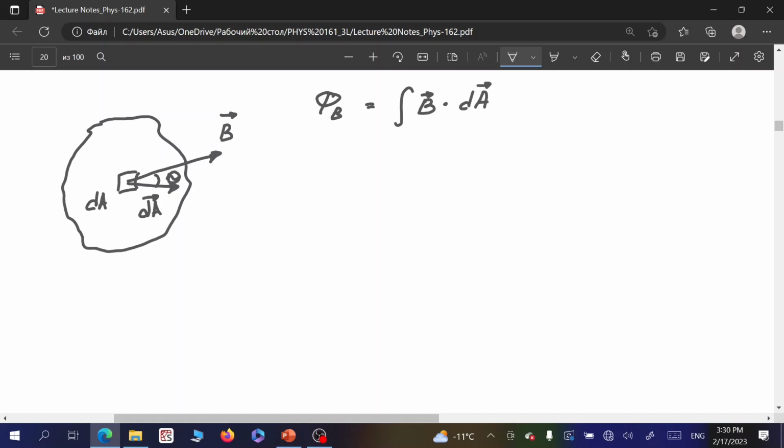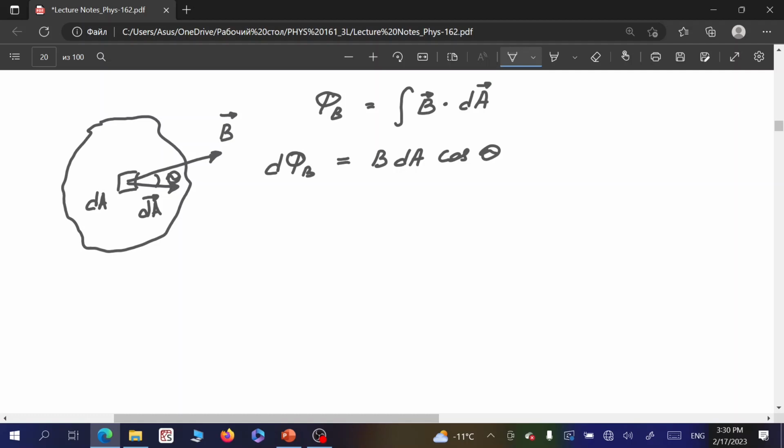If we are interested in the magnitude, then we consider, let's say, dFB, specifically through this small element dA, will be equal to magnitude of magnetic field, magnitude of dA vector, times cosine theta.